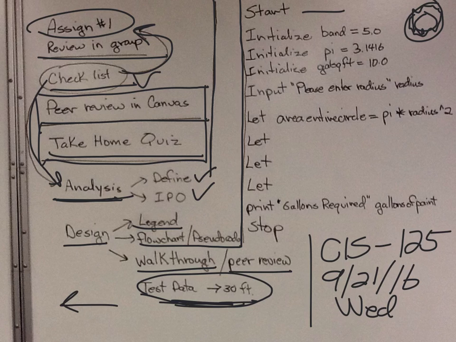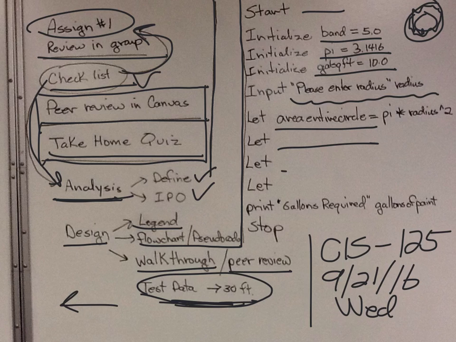We didn't write all of it, but we got to start, initialize the band equals 5 feet, pi 3.14, gallons per square feet, 10. Then we did an input, and then we started doing the calculations following the flow chart. Print this out and stop.